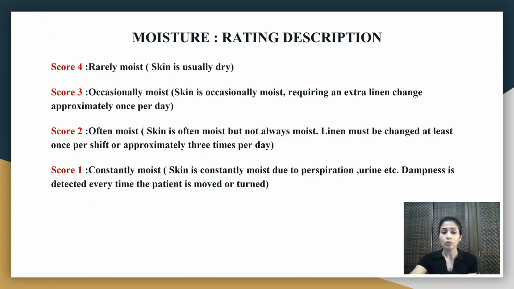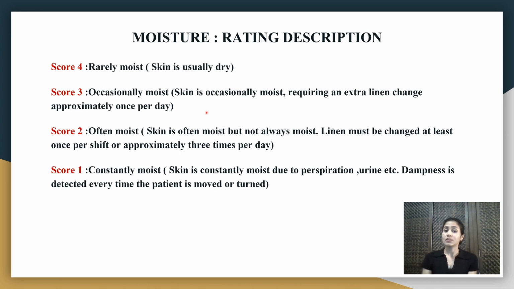Let's see how to give a score based on moisture. Here also the maximum score is 4 and the minimum score is 1. If the patient is rarely moist, that means the skin is usually dry, you can give a maximum score of 4.